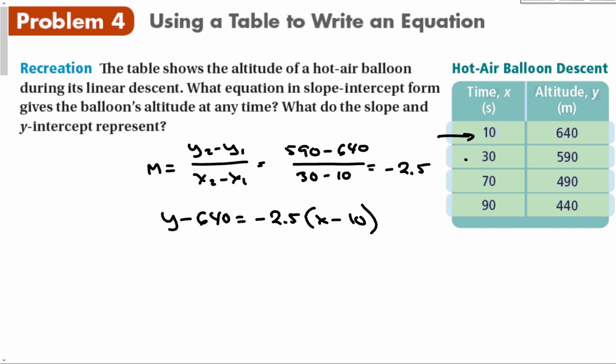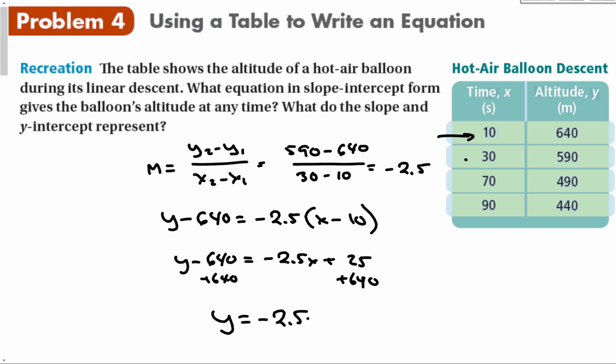Now, distribute, and we get y minus 640 is equal to negative 2.5x plus 25. Adding 640 to both sides gives me y is equal to negative 2.5x plus 665.